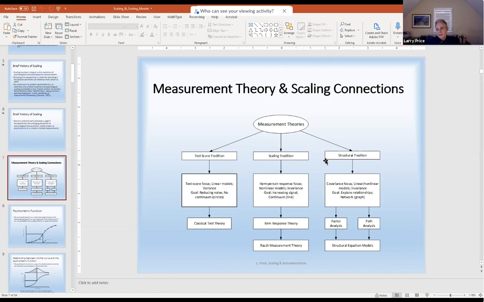The scaling tradition has tried to overcome the weaknesses of the test score tradition. That's some important context for you. That's why sometimes you hear that modern test theory is based on item response theory or Rasch theory, whereas classical test theory is not modern test theory. Those are the big differences I just described: one is a testable, stronger model, one is not.